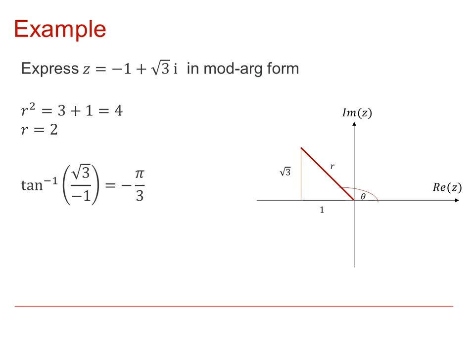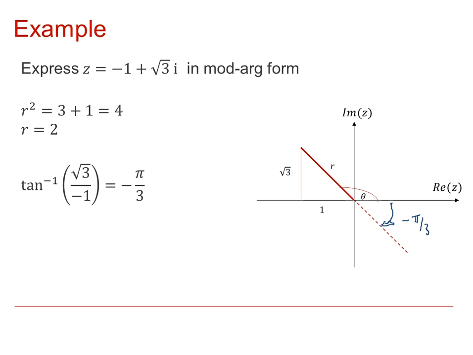If we look at the tan to the minus 1 of y over x, it's tan to the minus 1 of root 3 divided by negative 1, and that gives us negative pi by 3. So remember then that what's happened there is that this is the calculated value of the angle, tan to the minus 1 root 3 over negative 1.